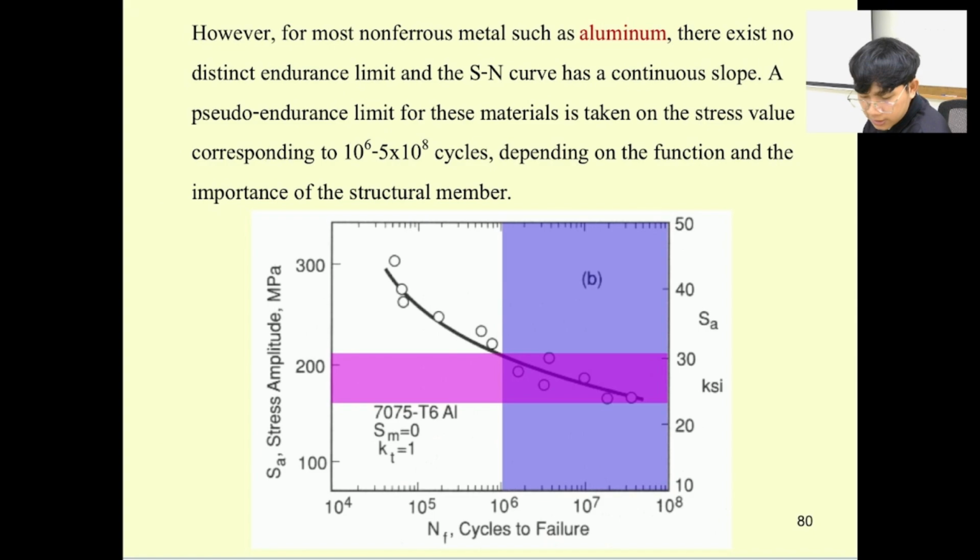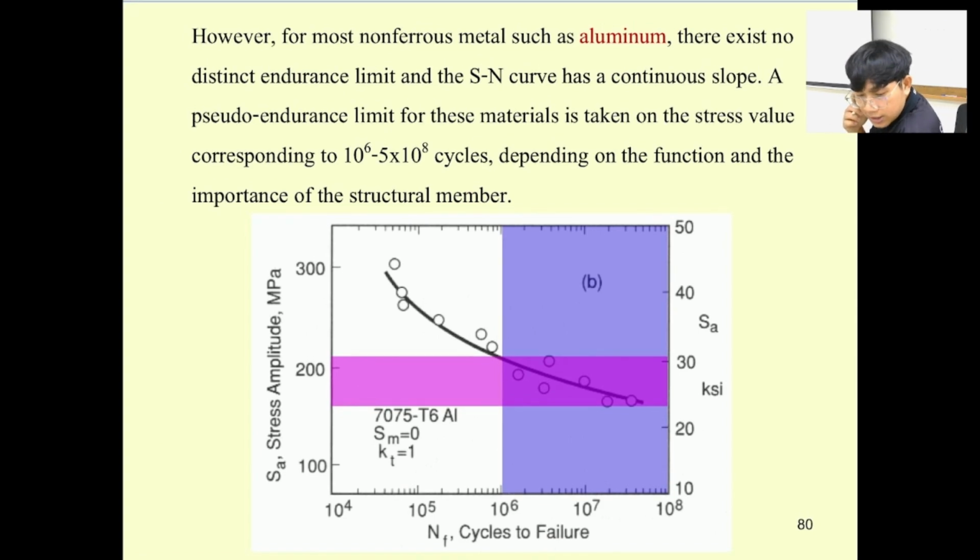Okay, next one is really interesting, the non-ferrous metal such as aluminum under fatigue. The problem is they cannot predict the number of cycles. For example, like the airplane wing, we don't know exactly the number of cycles that causes it to fail.